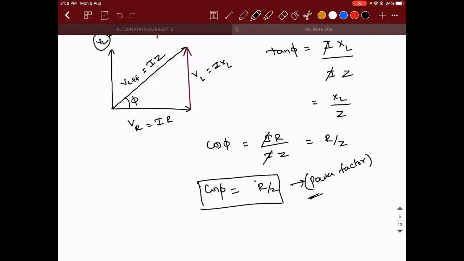The formula R by Z is called cos phi. It is the same for an AC source connected across a series RL circuit, a series RC circuit, or a series RLC circuit. So remember this formula, cos phi is equal to R divided by Z, called the power factor. This is used in problems also, so have this in your mind.